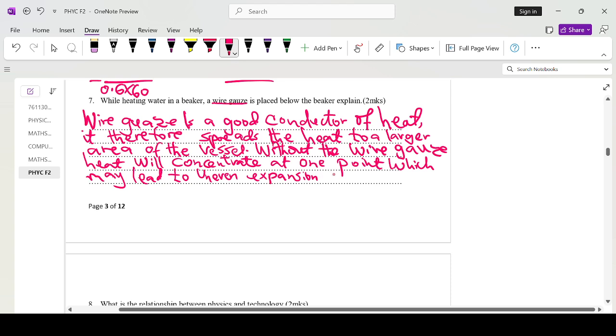Uneven expansion of glass, hence it will break. Let me say it may break.